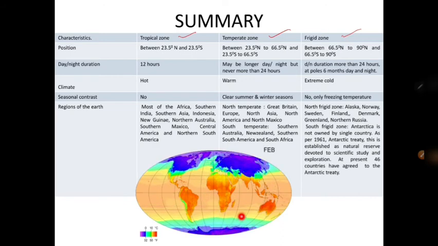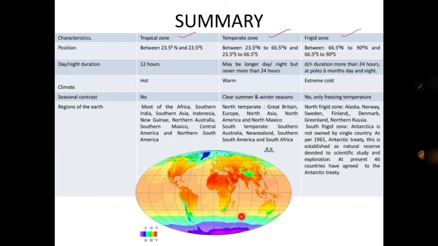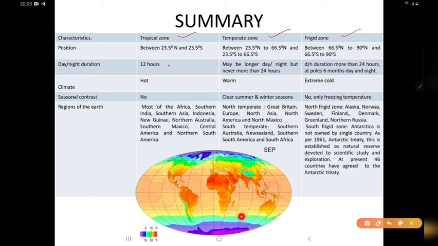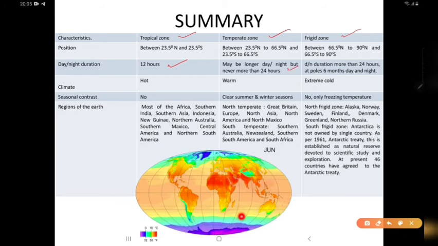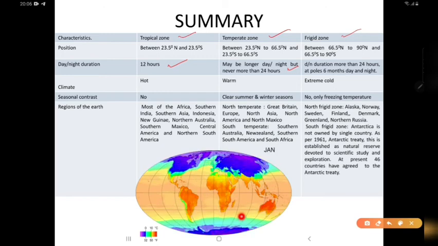Now, the second character, day and night duration, it is 12 hours in the tropical zone. In the temperate zone may be longer day and night, but never more than 24 hours. In the frigid zone, day and night duration is more than 24 hours, at poles 6 months day and night.